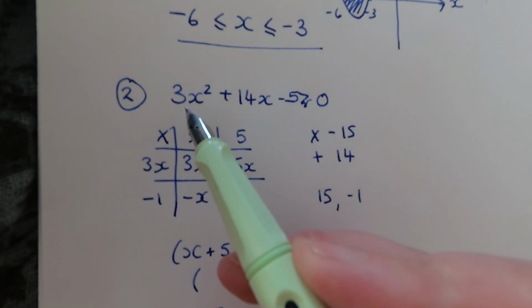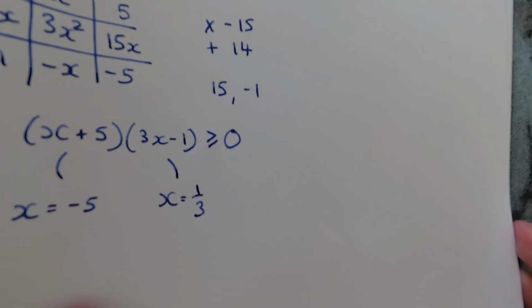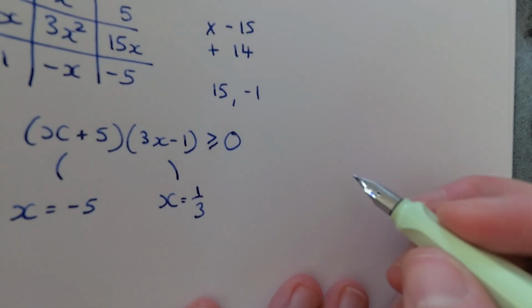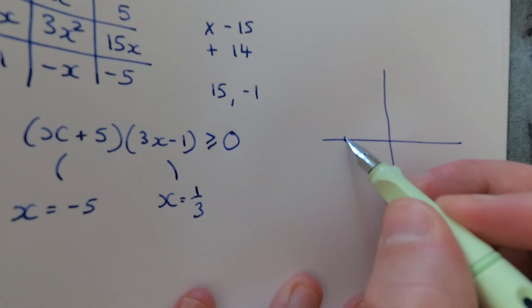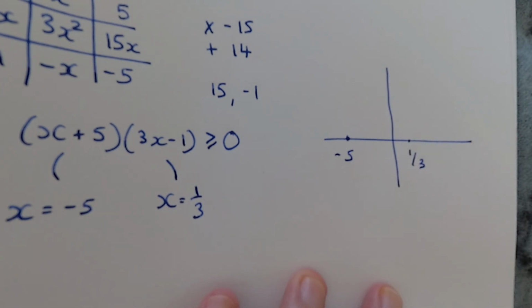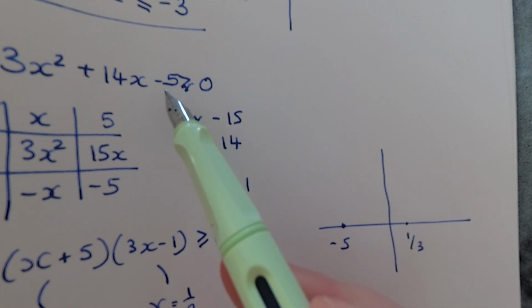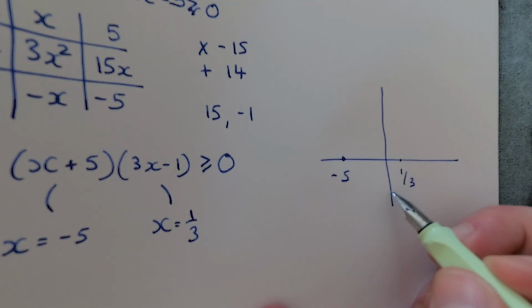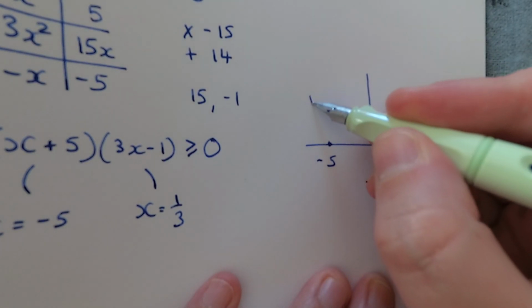The x squared coefficient is 3, so that's positive, so we're looking at a U-shaped parabola. Sketch again, sorry it's in pen: minus 5, 1/3. It doesn't have to be any more accurate than that. Looking at the equation, minus 5 is where it cuts the y-axis. It's always a good idea to get that onto your graph as well.